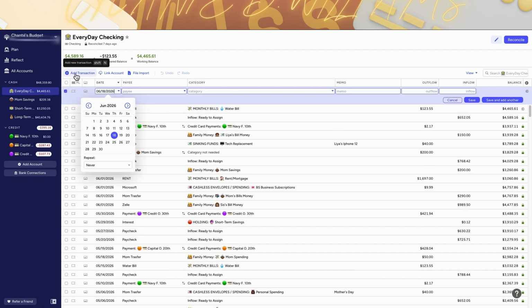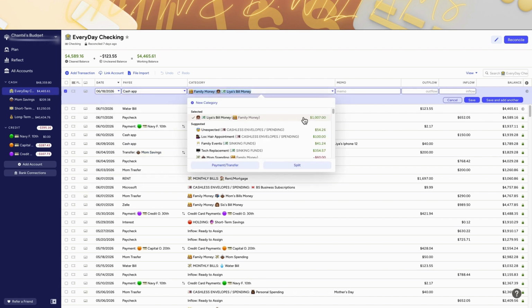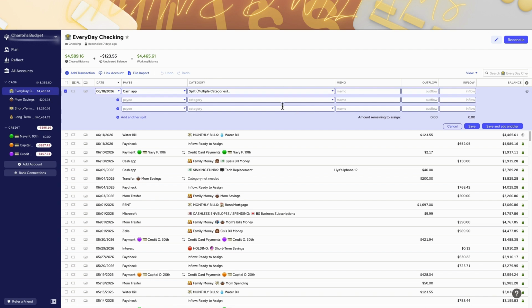Next I have my Cash App for my niece. This is going to my niece, but it's going to her spending. I'll split it because she gave me extra just because I went. So she sent me $7. That's an inflow.